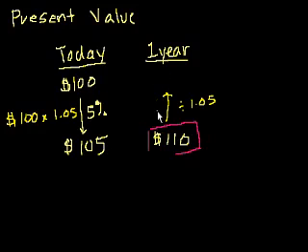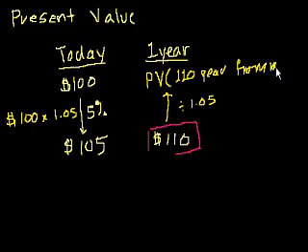And then we will get the present value, and the notation is PV. We'll get the present value of $110 a year from now. So the present value of $110 in, let's say, 2009.